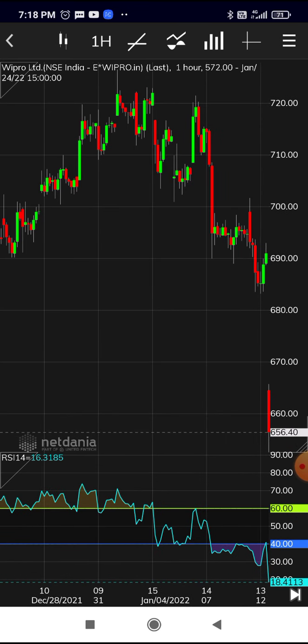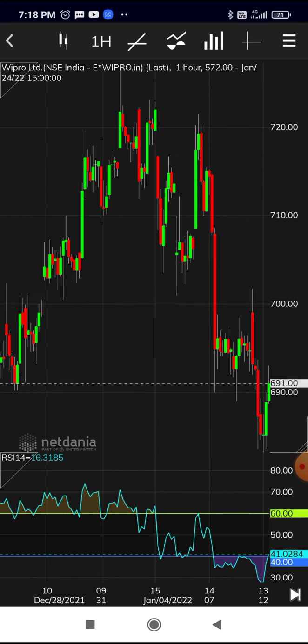You find that this big gap which we found was on the day after the day of the result. But before the day of the result itself, here where the last candle is you are seeing on the chart, already the RSI had gone below 40 and it had clearly indicated that the fall is going to come.